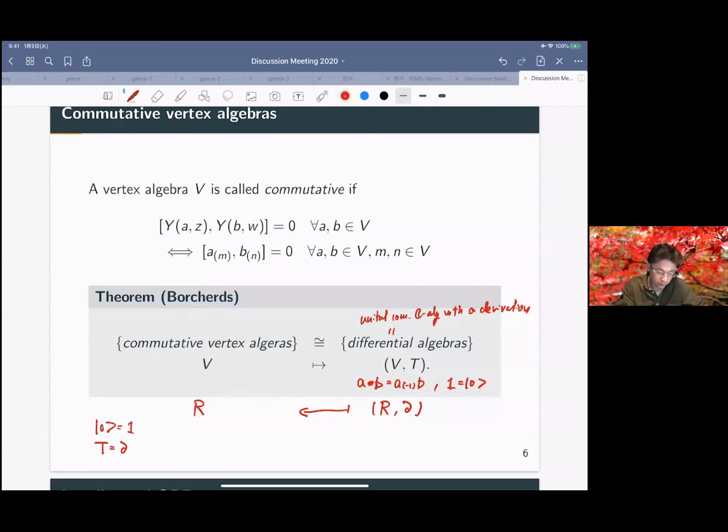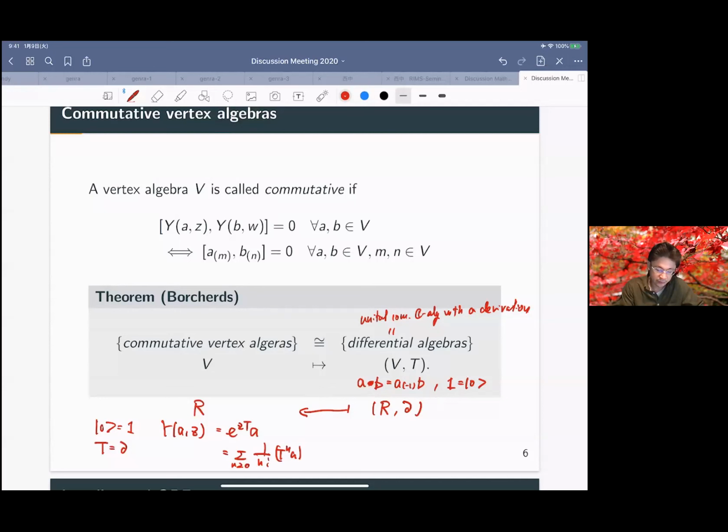And the operator corresponding to A is given by this formula, which is defined by the sum of t to the n over n factorial times T to the n a.